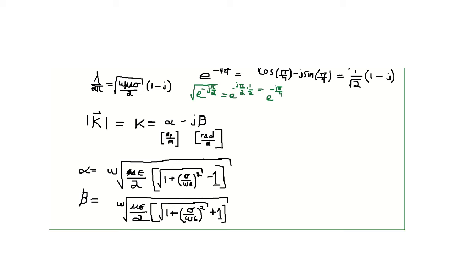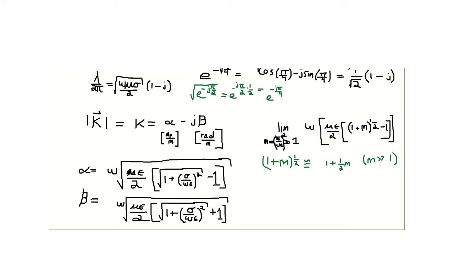Now these are pretty complicated expressions, therefore we often make an approximation for a good dielectric. Using the binomial approximation, as we take the limit of our conductivity divided by our dielectric loss squared, as it becomes much greater than 1, we can say that (1 plus n) to the power of 1/2 is equal to 1 plus 1/2 n, and therefore the 1 and the negative 1 in the parentheses cancel, and we obtain the following result.